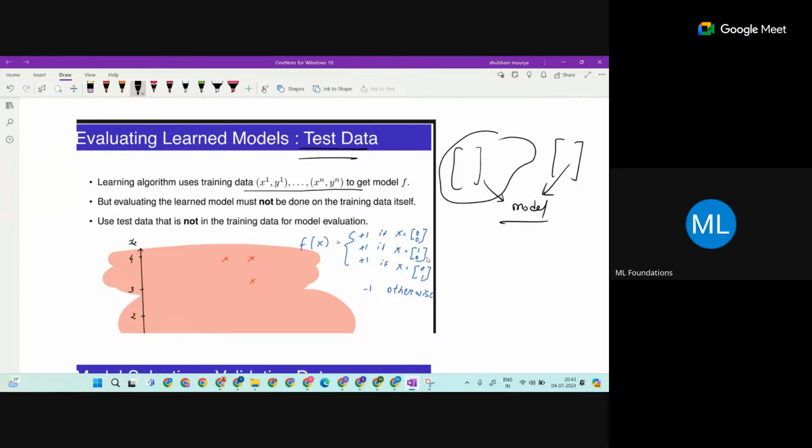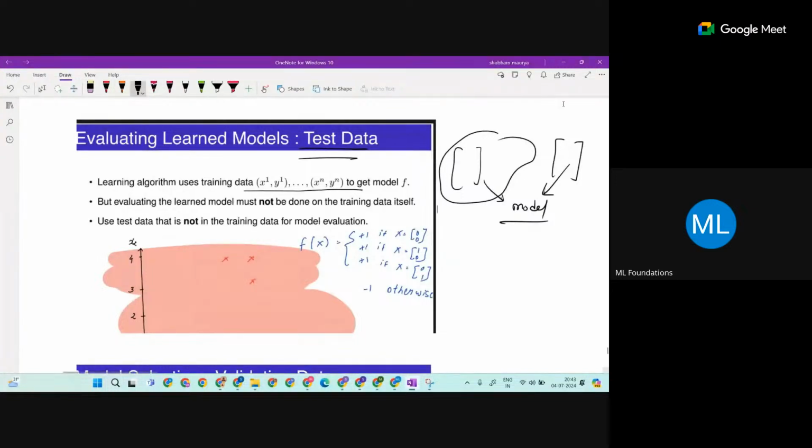A question would not be asked from here. It is just to know that some part of your collection of data would be used for training the model, and some part would be used for testing the model.